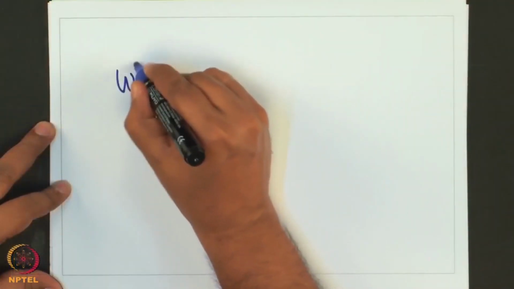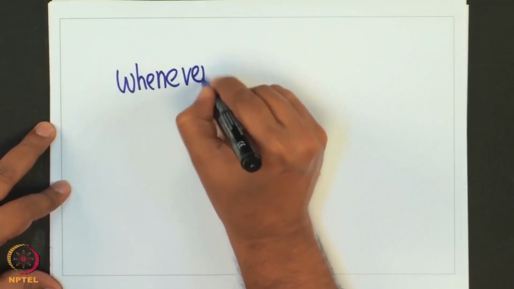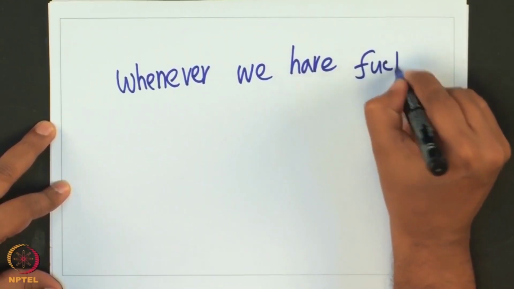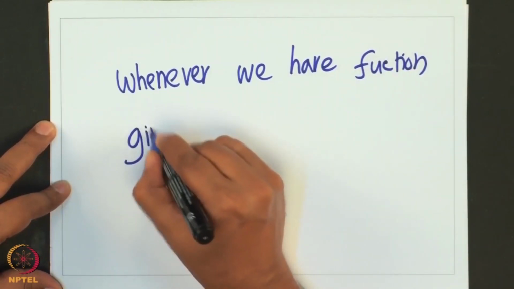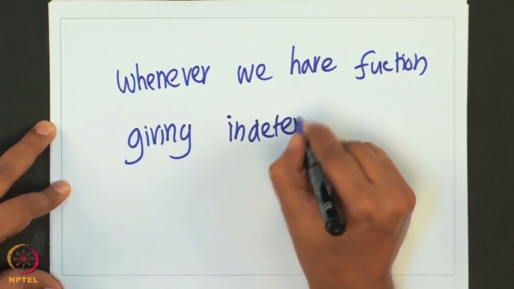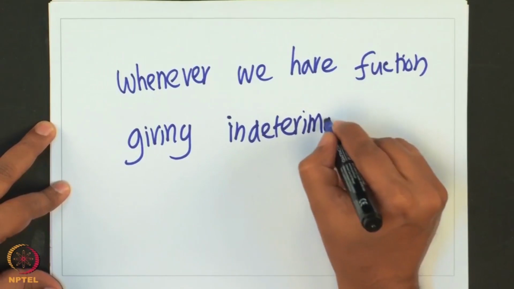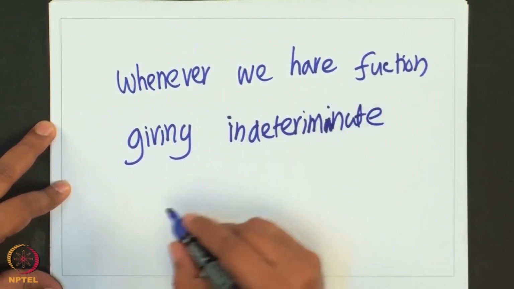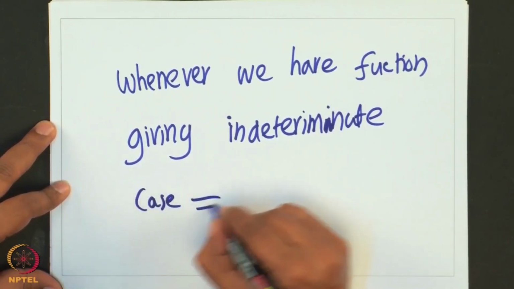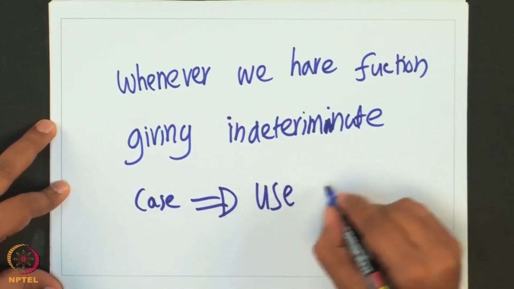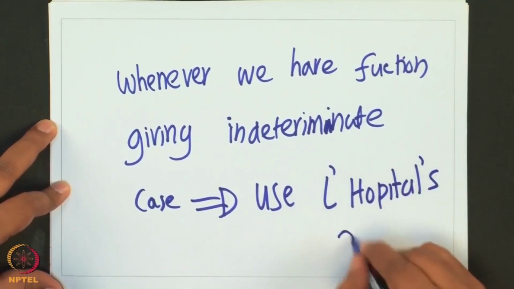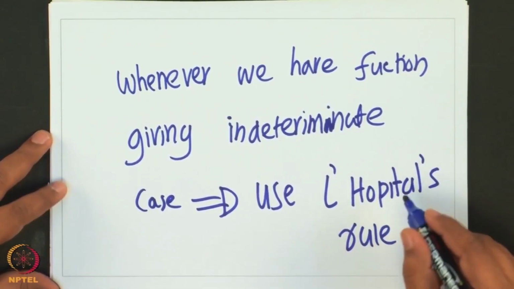So, when the function gives an indeterminate form, in that situation, use the rule which is called L'Hopital's rule. And what is the rule? I am going to describe it.